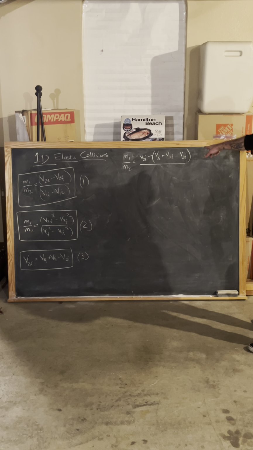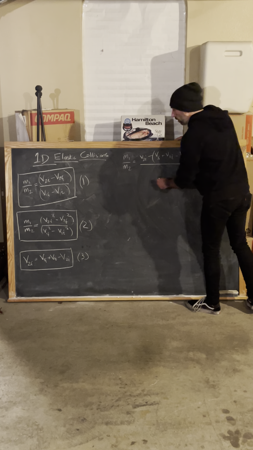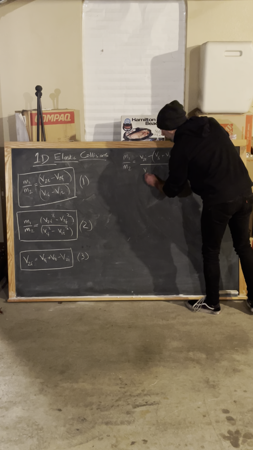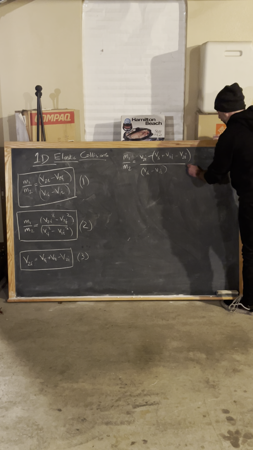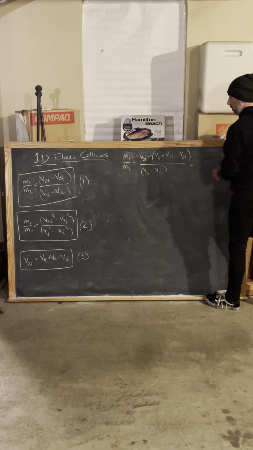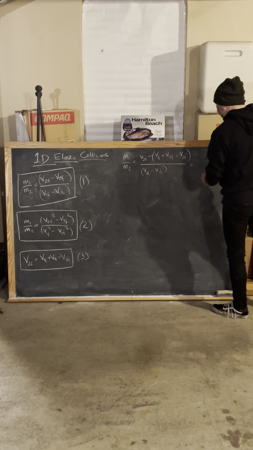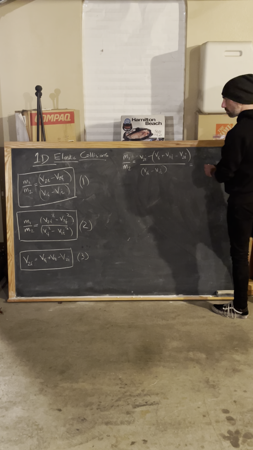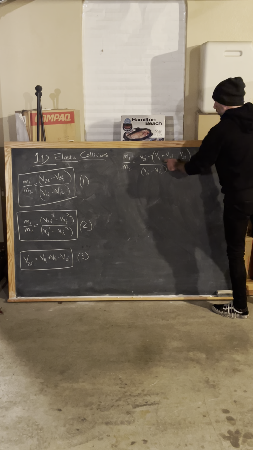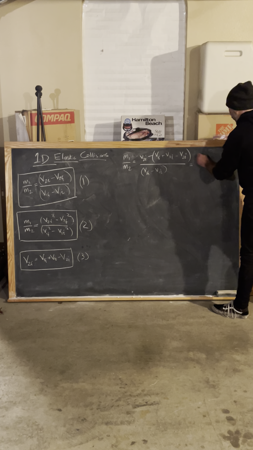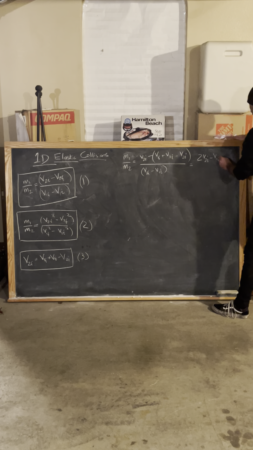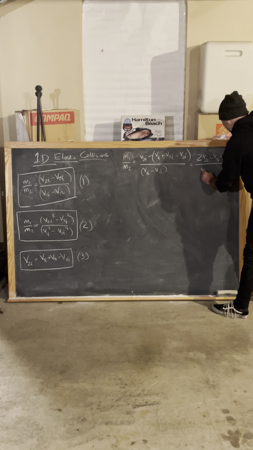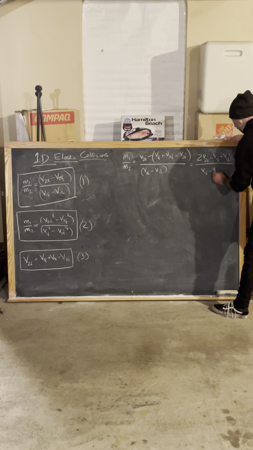So that's v1f plus v1I minus v2I. And in the numerator and the denominator we have v1f minus v1I. Now, multiplying -1 through, we have v2I minus a minus v2I is 2 v2I minus v1f minus v1I, divided by v1f minus v1I.